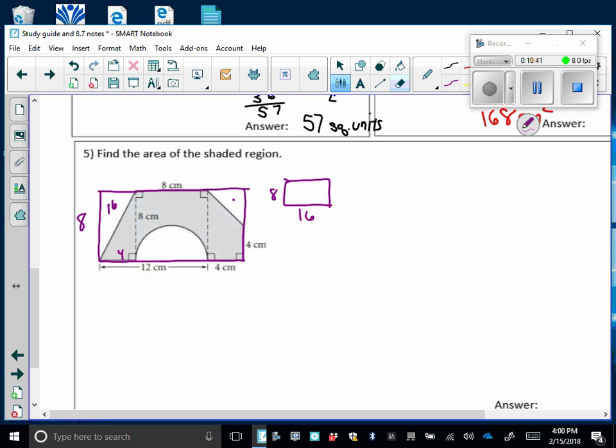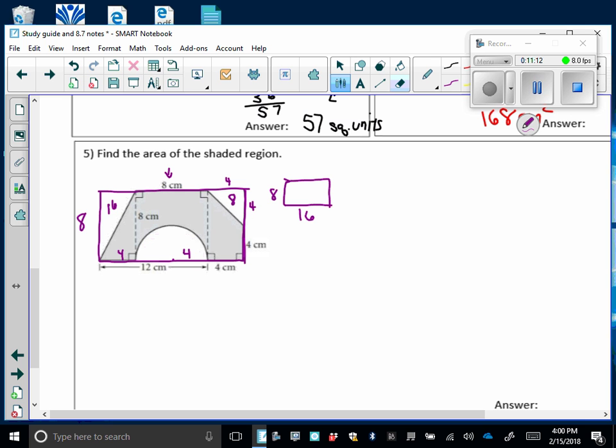And since the entire distance here is 8, that's 4 by 4. So this is half of 16, which is 8. And then we have the radius here to be 4.